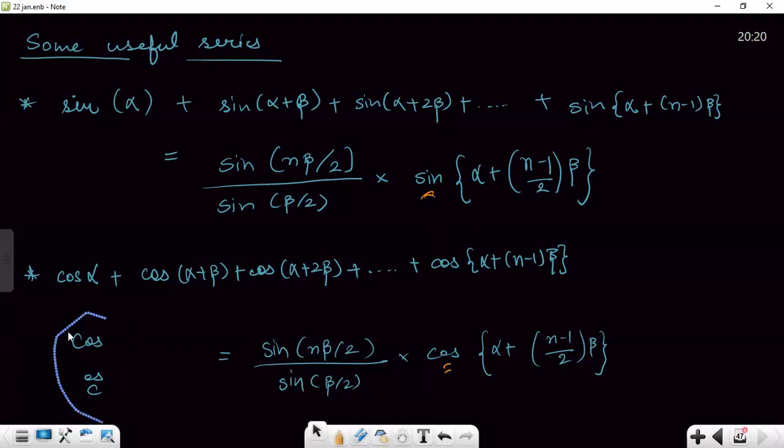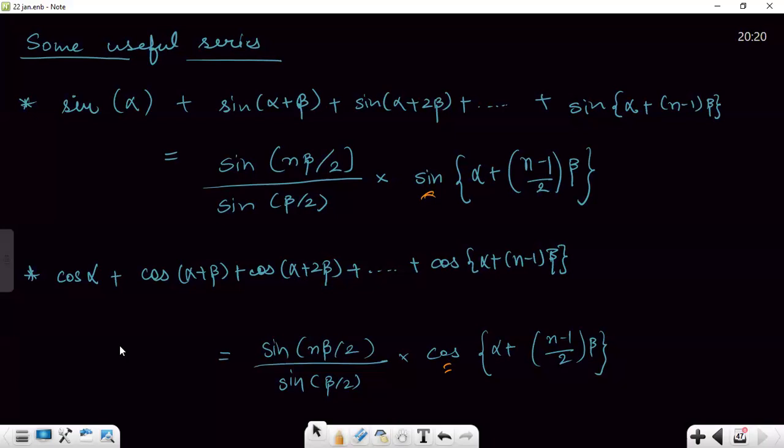And how can we remember the left hand side? Simply, the angles are following an arithmetic progression, the common difference is beta, the first term is alpha, the sine is taken and the sum is done.